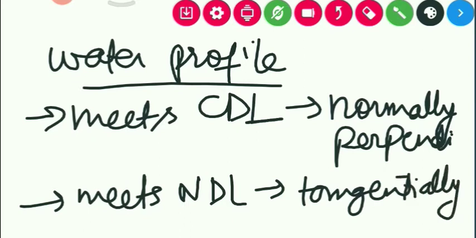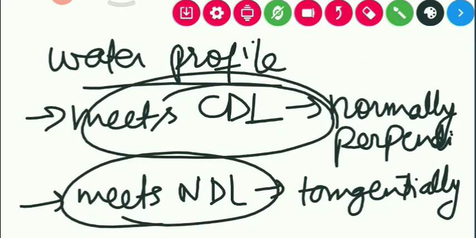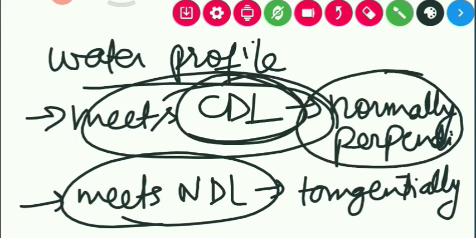Okay, so this point is to be kept in mind everywhere. Whenever the water surface profile meets the critical depth line, it will always be normal to it, and whenever it meets the normal depth line, it will always be tangential to it.